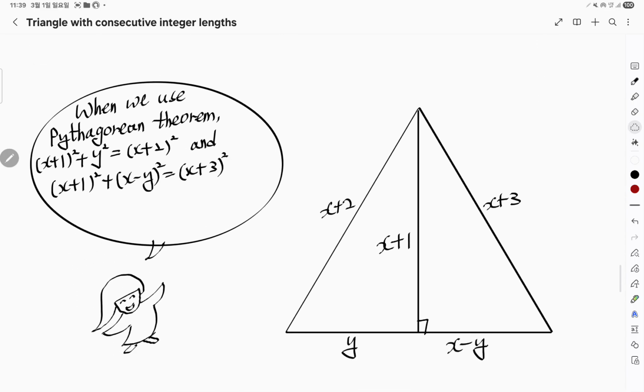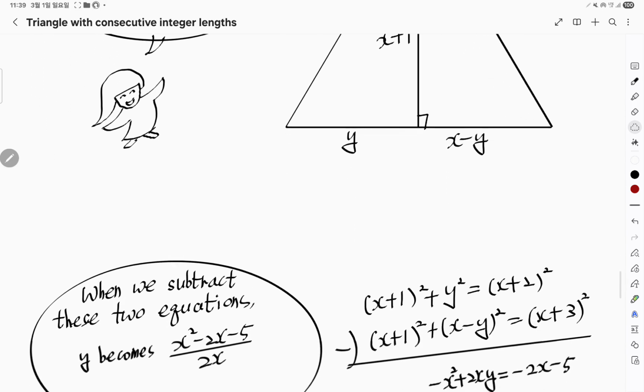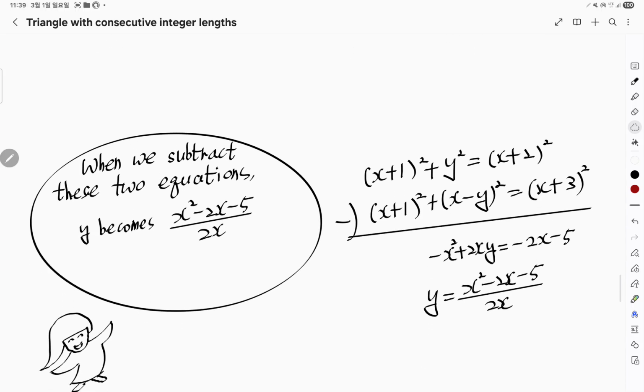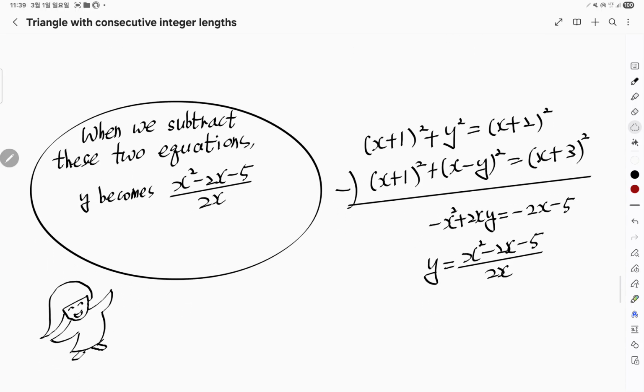When we use the Pythagorean theorem, (x plus 1) squared plus y squared is (x plus 2) squared, and (x plus 1) squared plus (x minus y) squared is (x plus 3) squared. When you subtract these two equations, y becomes (x squared minus 2x minus 5) divided by 2x.